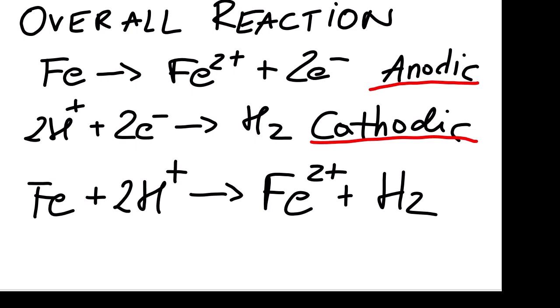We know that the substrates are on the left side of the arrow. Products are on the right side of the arrow. So on the left side we have metallic iron and 2 cations of hydrogen.